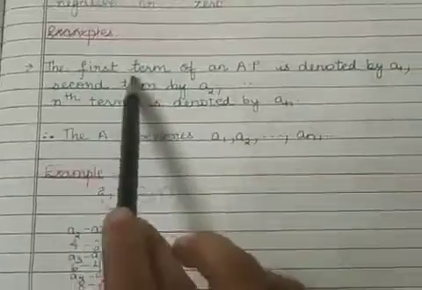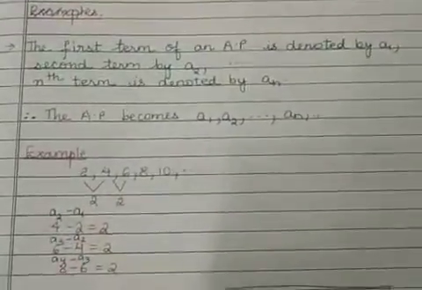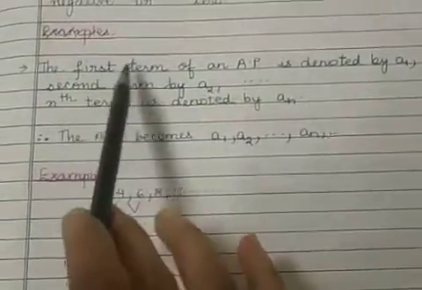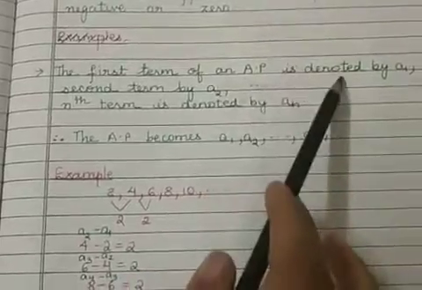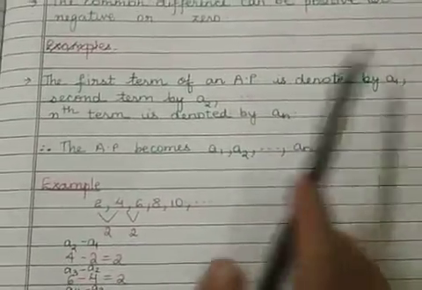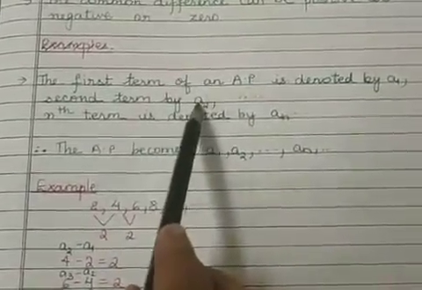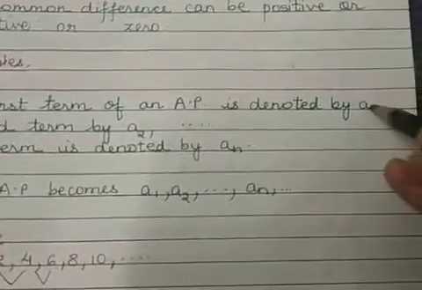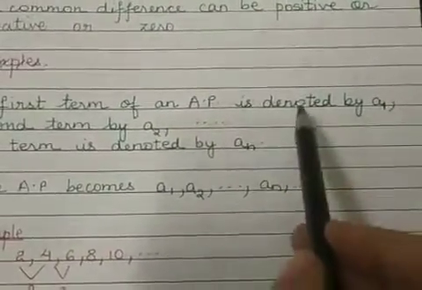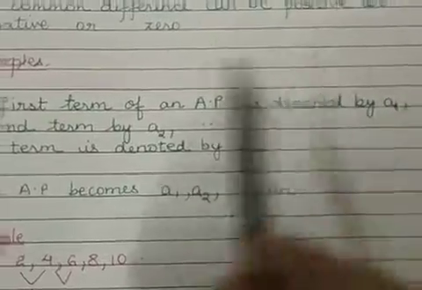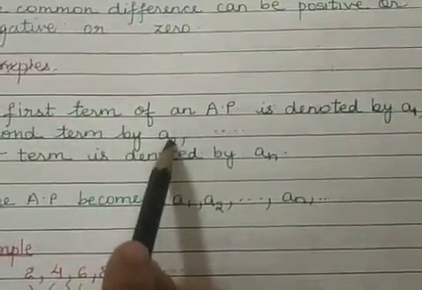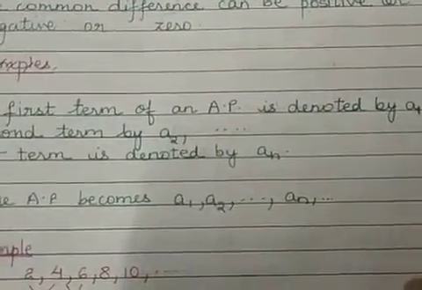If you want to write the sequence in general form, the first term of an AP is denoted by a1, the second term by a2, the third term by a3, and so on.